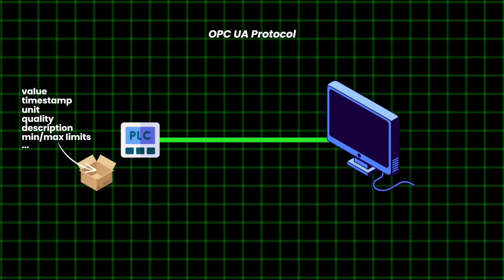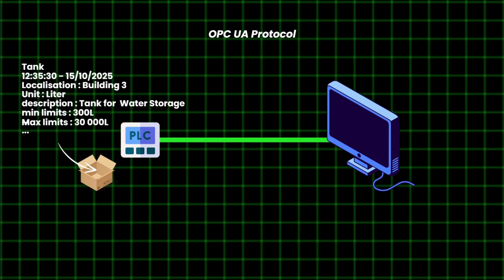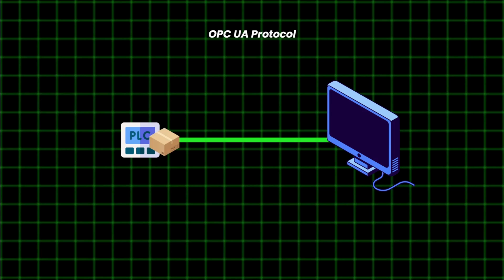You have the value, timestamp, unit, quality, description, min-max limits. We can thus describe our tank, define its location, record the history, define minimum and maximum value, and much more. And the box will protect our data because it's locked.